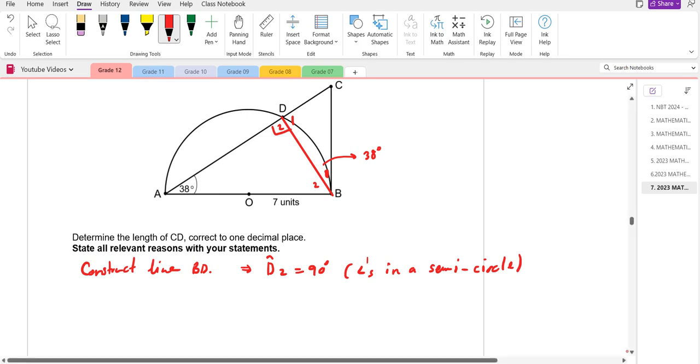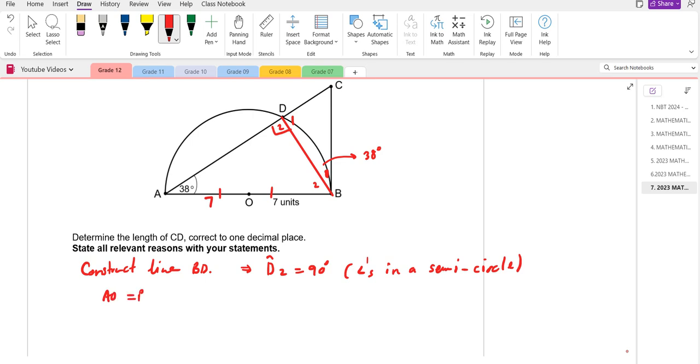Remember that is 7, so radius is also here 7, right? So we're going to say AO equals BO, that's radii. This implies that AB is equal to 14, right? 14 units. Since AB is 14 units, we can use trigonometry to solve BD.